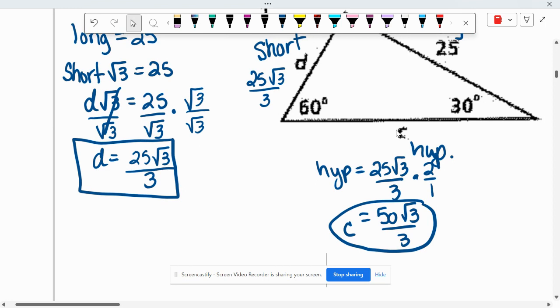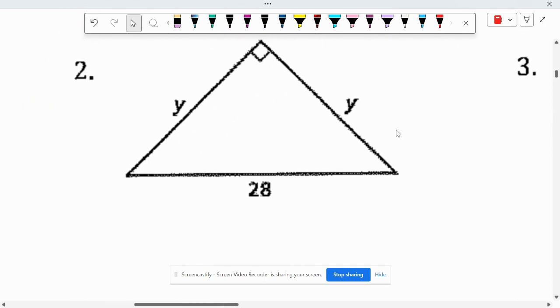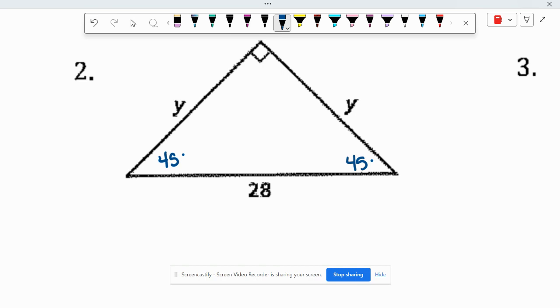Okay, let's go to the next one. Oh my goodness. We have a 45, 45, 90, and we know the hypotenuse. I think we wrote a rule for that, that says we can find the measure of the leg if we know the hypotenuse: 1/2 times the hypotenuse, which is 28, times what, Quali?